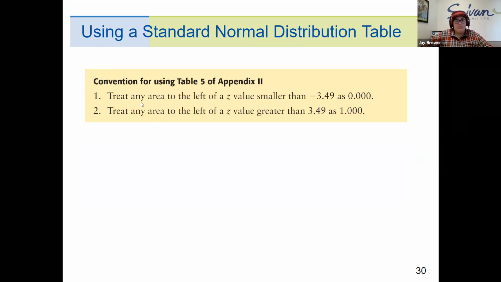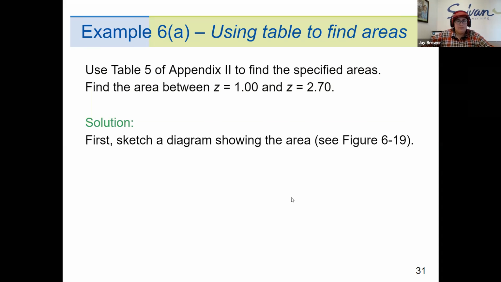All right, here's your convention. Treat any area to the left of z smaller than negative 3.49 as a 0, and treat anything to the left of z greater than 3.49 as a 1. You can choose to do that. Some of the tables may have something different.